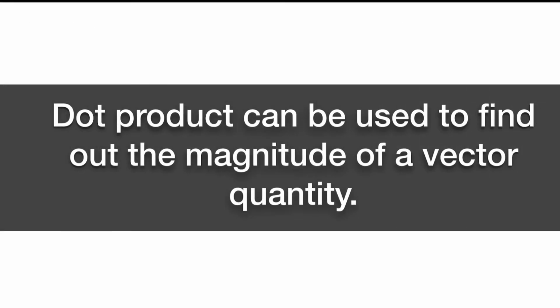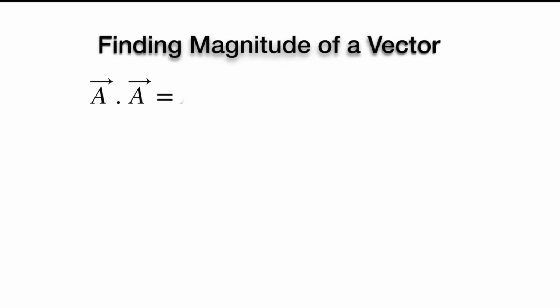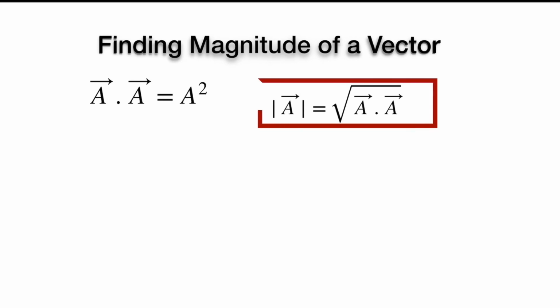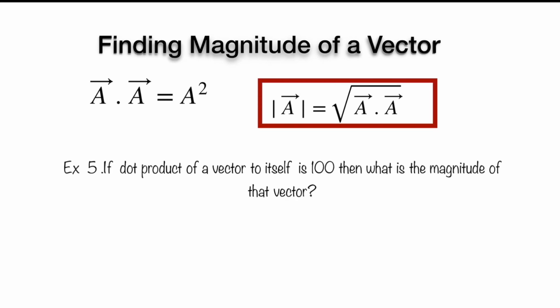Another use of dot product is to find out the magnitude of a vector quantity. We know that the dot product of any vector with itself gives the square of its magnitude. So the magnitude of any vector can be written as the square root of the dot product of that vector with itself. Now let's see an example. If the dot product of a vector with itself is 100, that means A dot A is 100.